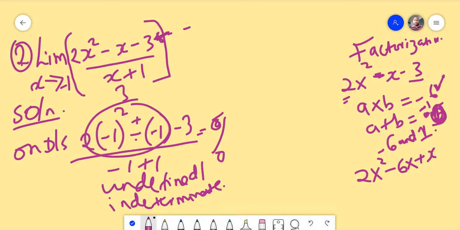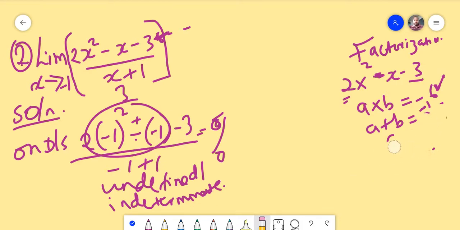I'll just rub some of this work out. Yeah, the sum should be minus 1. When you think of these two numbers, we realize that they are minus 3 and 2. Minus 3 times 2 gives minus 6, and minus 3 plus 2 gives minus 1, isn't it? Yeah, so that one is okay.